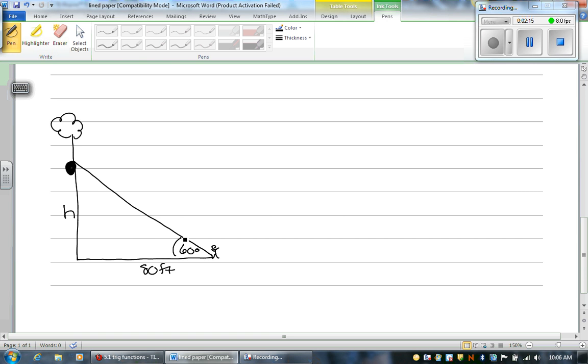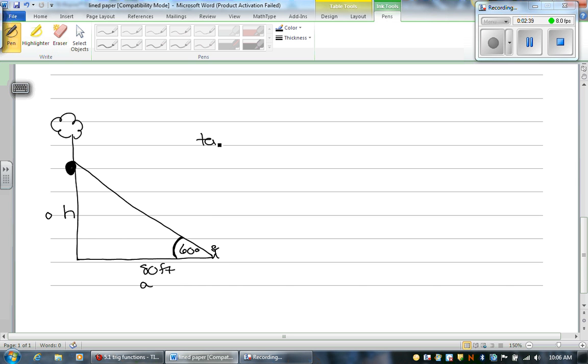So if we're looking at the angle that we're using and the two sides that are important to us, we have to figure out what trig function is being used. I've got my angle, I've got the side opposite, and I've got the side adjacent. We need to know what trig function contains the side opposite and the side adjacent.